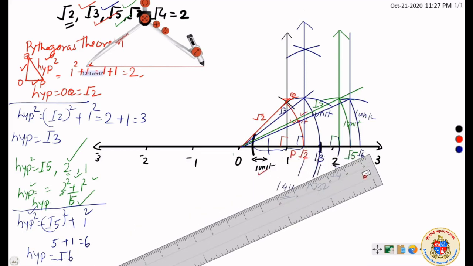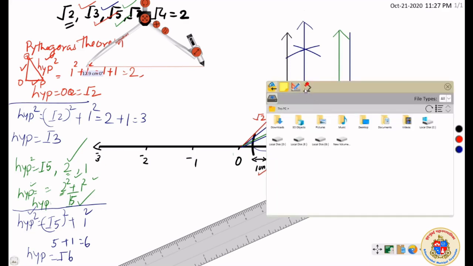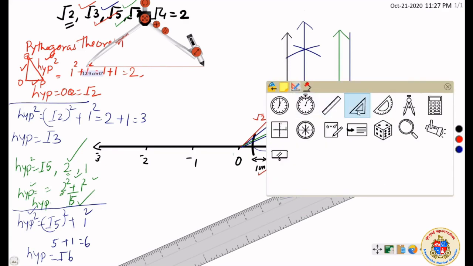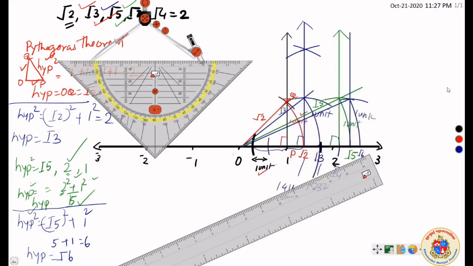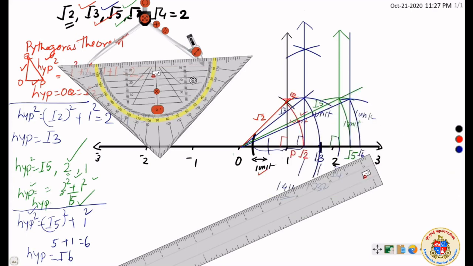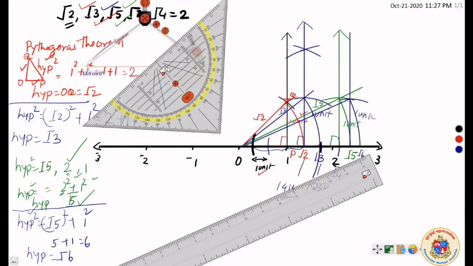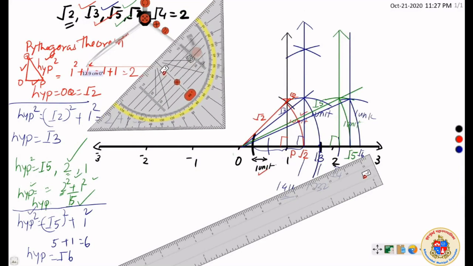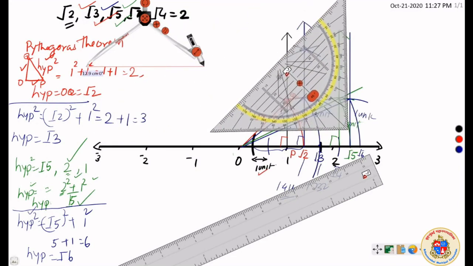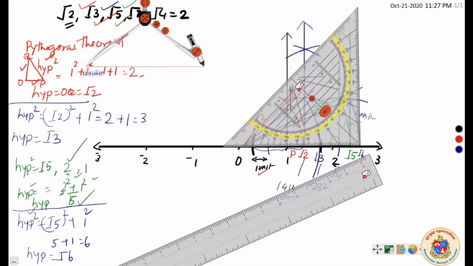Again, I will be bringing the set square to do that quickly and accurately. Bring the set square to the point where you have to draw the perpendicular. Draw the perpendicular.